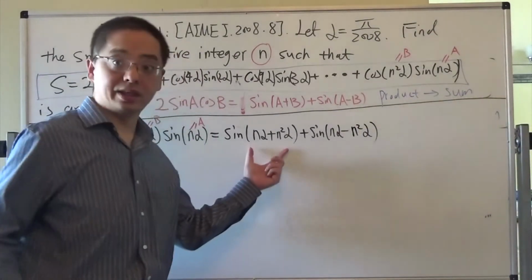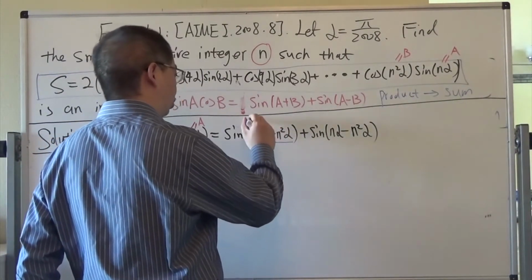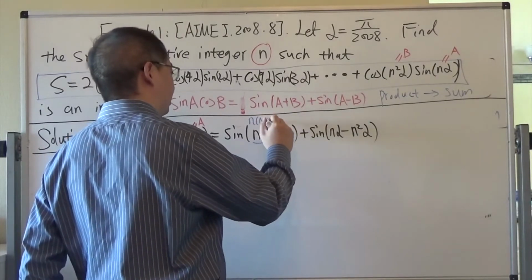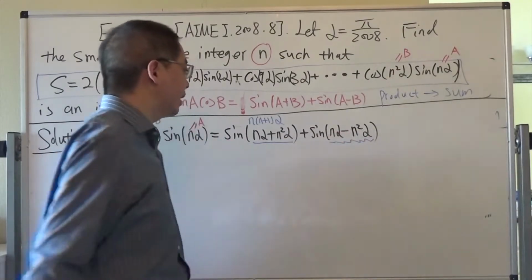Let's look at what is inside the sine function. Here's n alpha plus n squared alpha, which I can rewrite as n times n plus 1 times alpha. And here is n alpha minus n squared alpha, which equals negative n times n minus 1 times alpha. Let's recall, sine is an odd function, so I can put the negative in front of it.